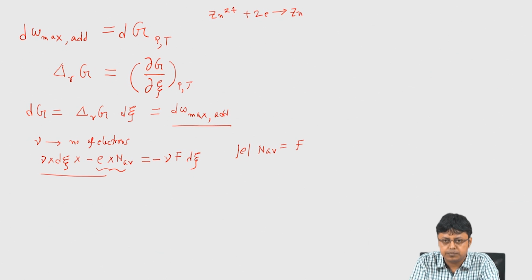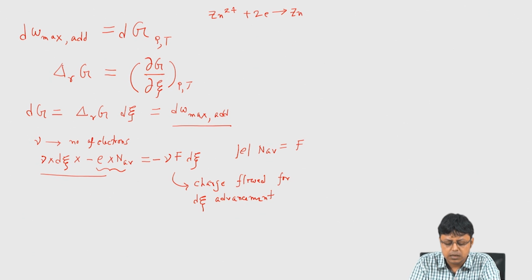This is the charge flowed for d xi advancement, in terms of 1 molar amounts, as we are always saying.